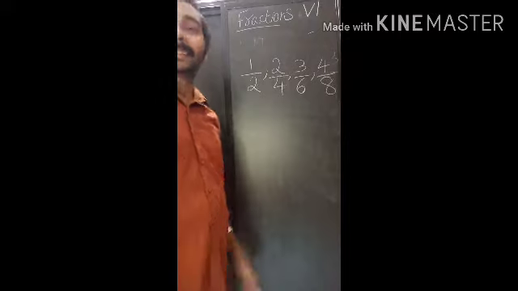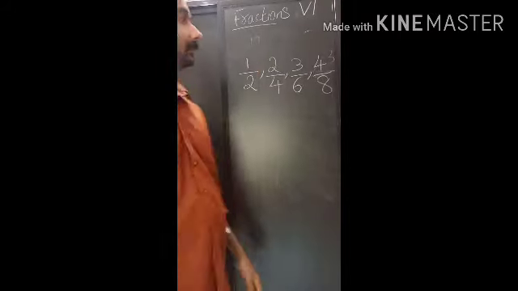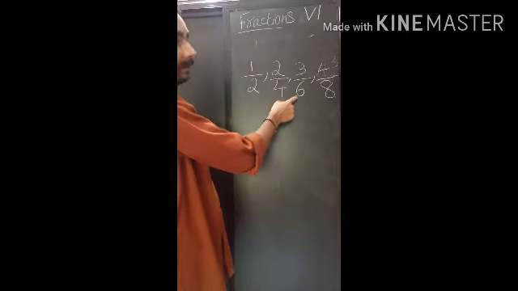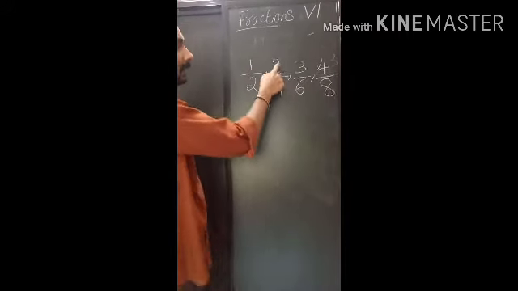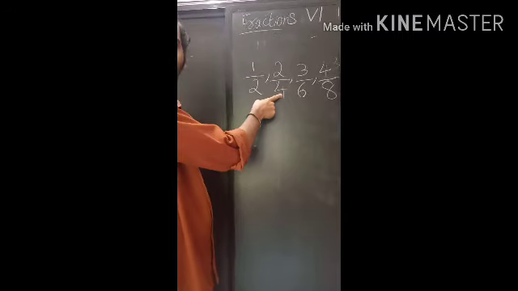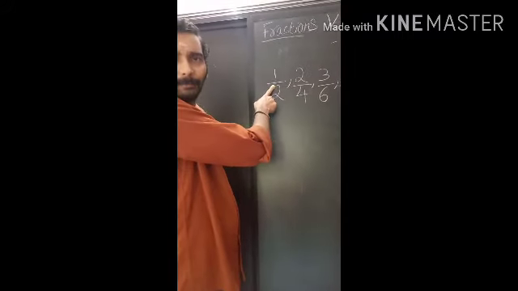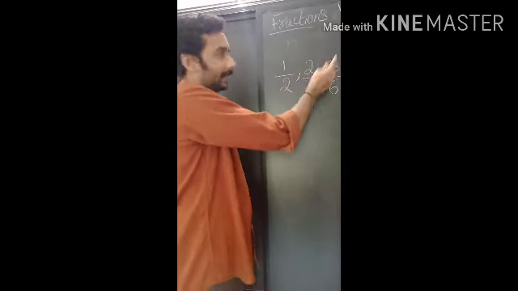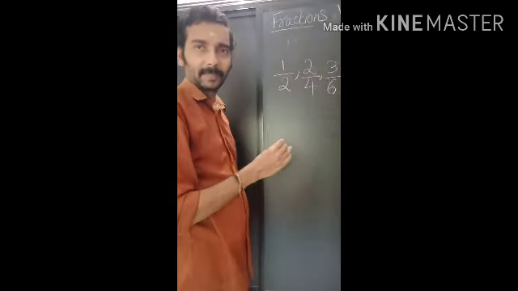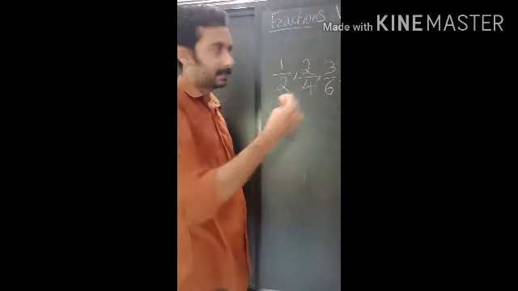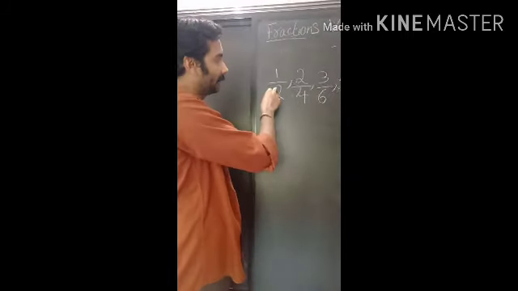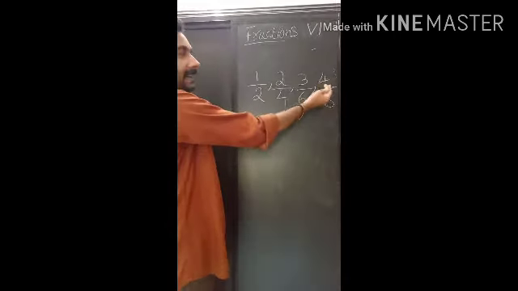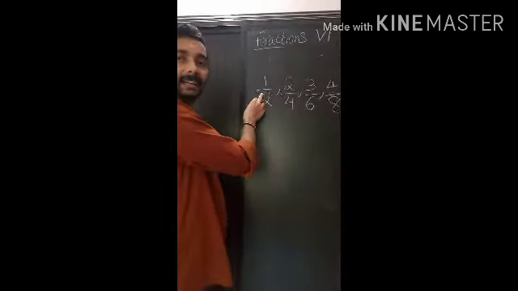This type of fraction is equivalent fraction. 2 by 4 converted into the lowest term, we get 1 by 2. 3 by 6, divided by the common factor 3, converted into the lowest term, we get 1 by 2. 4 by 8 converted into the lowest term, we get 1 by 2.